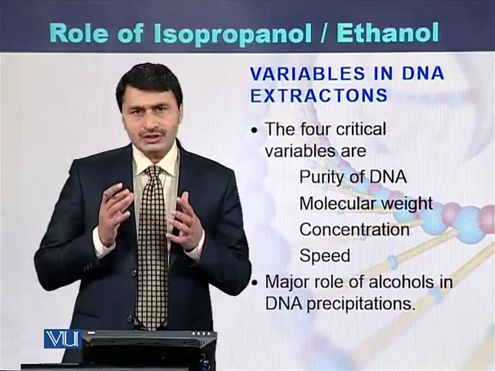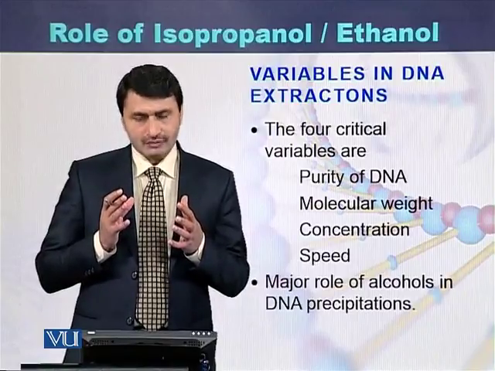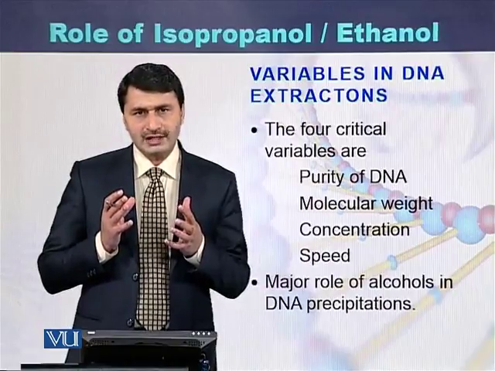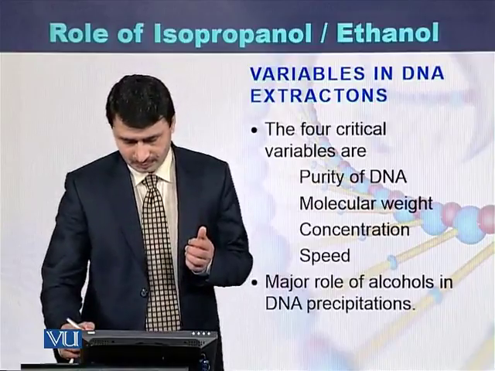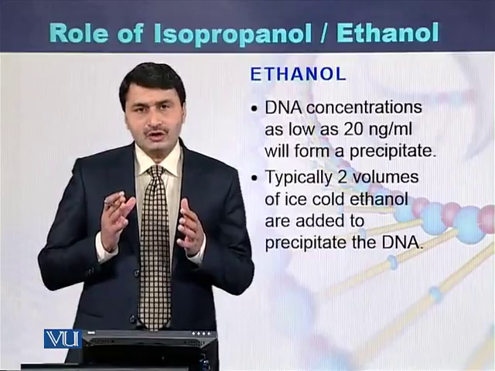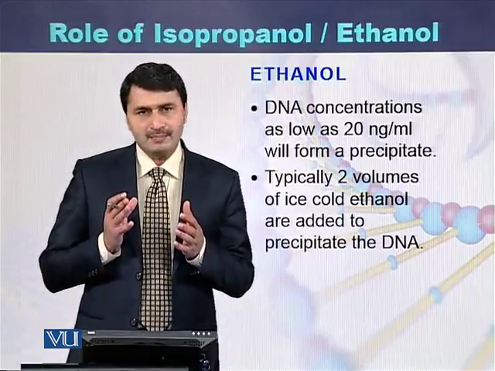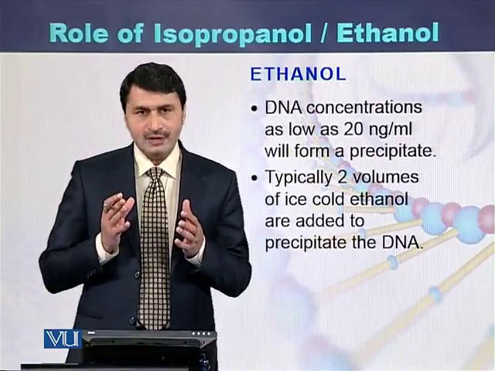Along with these variables, there is also a major role of alcohols for precipitation of the DNA. The alcohol can be ethanol or isopropanol. Ethanol. In the case of ethanol, DNA concentration as low as 20 nanogram per ml can be precipitated with the help of ethanol.